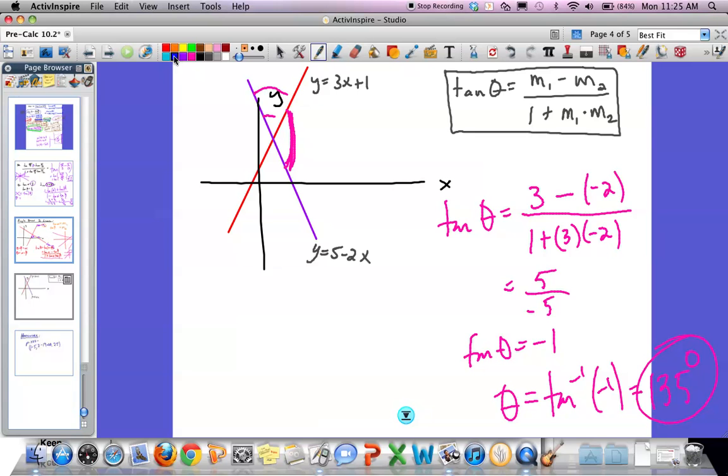Let me just show what I mean by that, though, if you went the other order. So we went this way. If I would have said theta, and I'm talking now about this one, and you don't really know which one you're getting. My point is it doesn't matter. That's what I want to show right here.